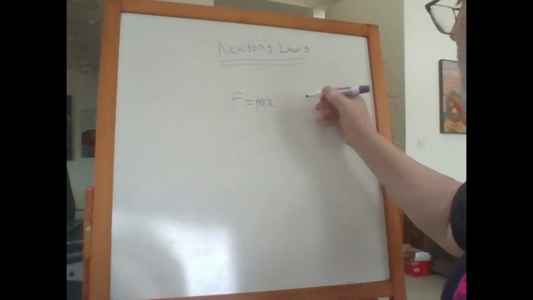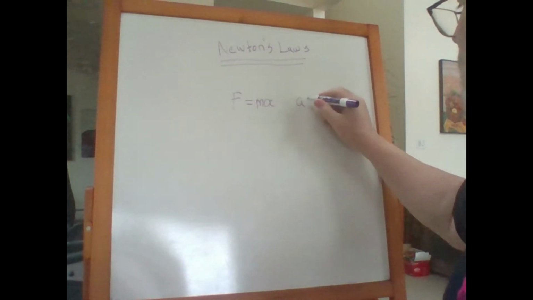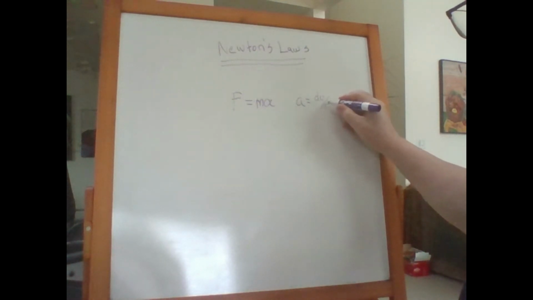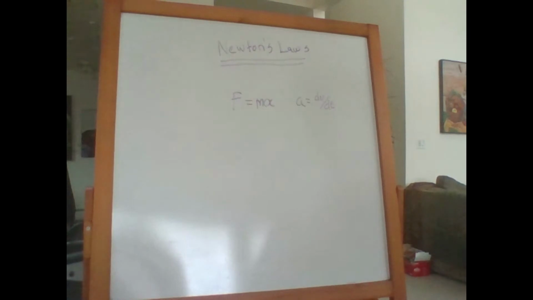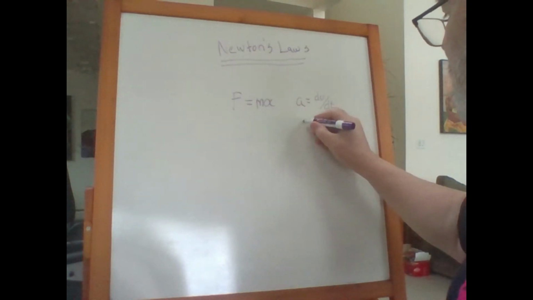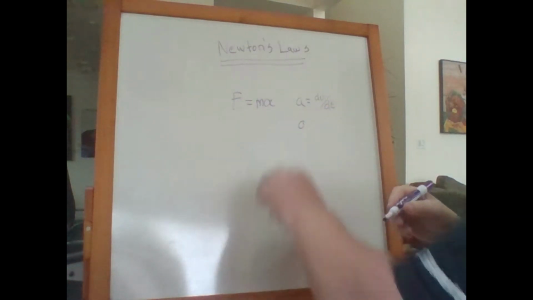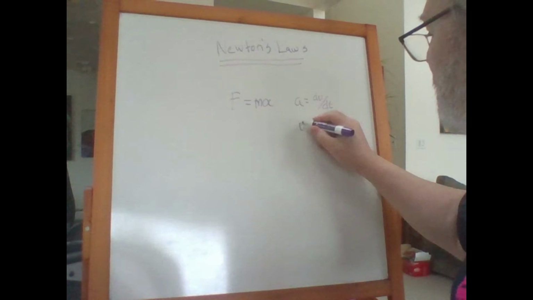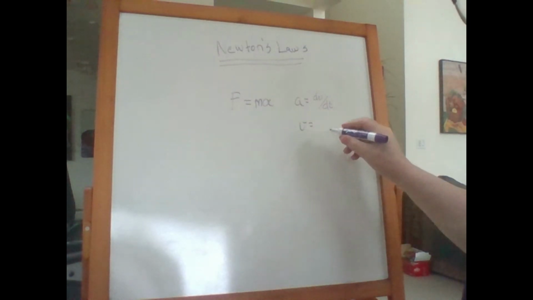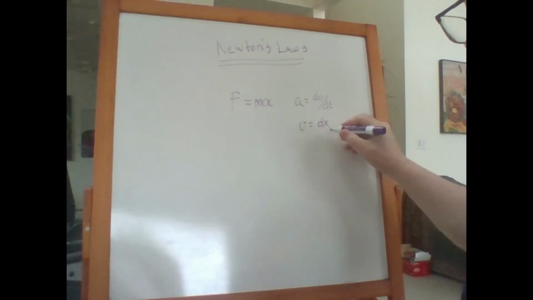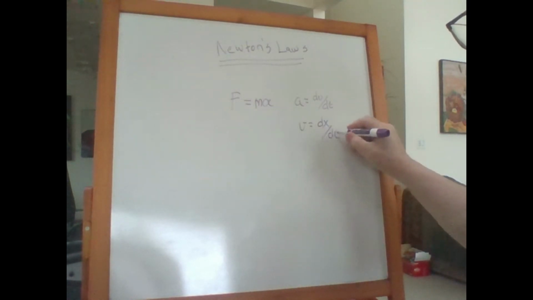Acceleration is the derivative of velocity over time, dv/dt. And velocity is equal to the change in x over the change in time.